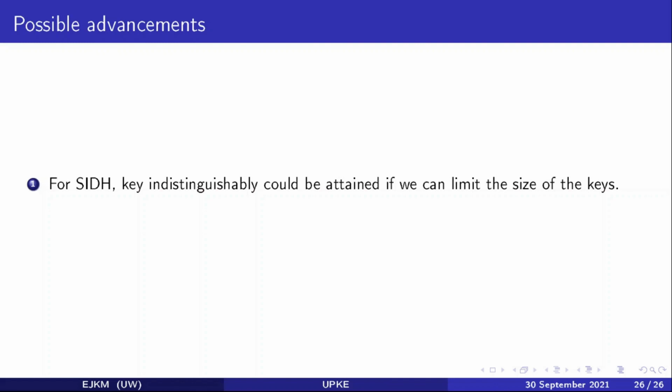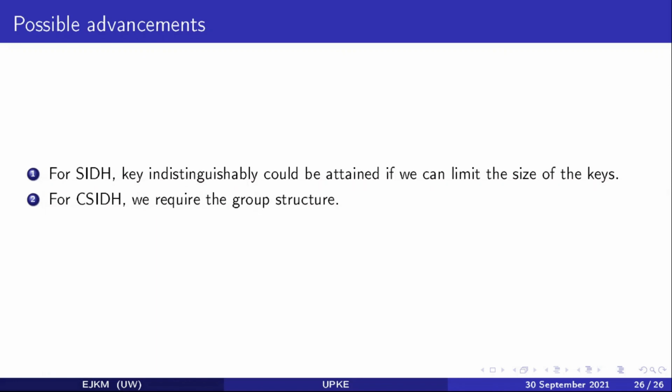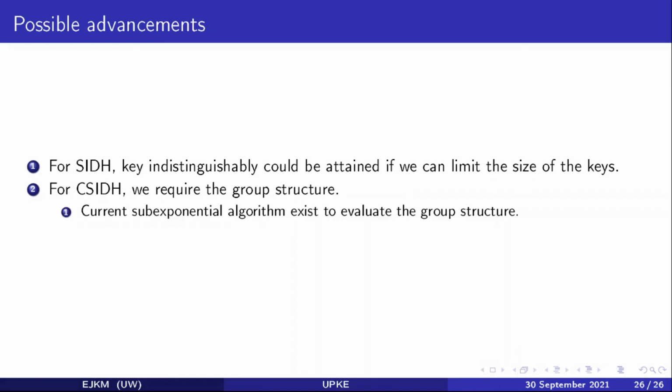When it comes to possible advancements, the simplest one is probably in the SIDH variant. This is because as long as we find a way to limit the size of the keys, we could attain key indistinguishability. When it comes to the CSIDH case, we can always find better algorithms to evaluate the group structure. Some note on that final point.